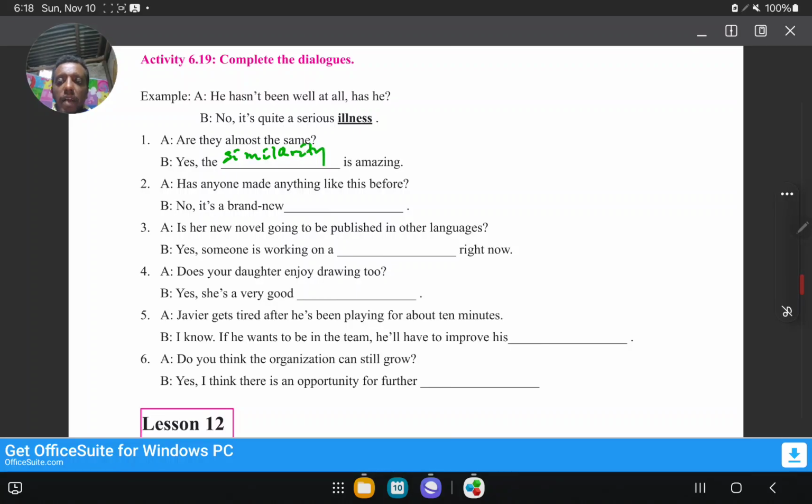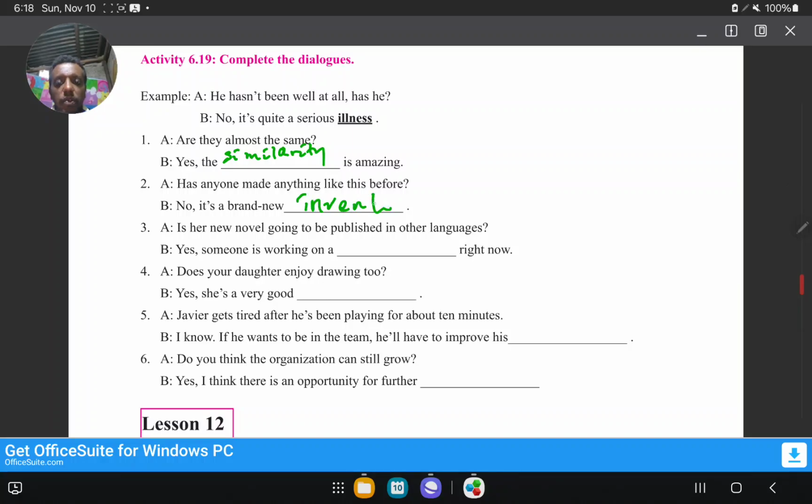Number 2, has anyone made anything like this before? It is about something new. No, it is the brand new. Yeah, ምንድን ነው? ከዚህ በፊት ምንም ነገር እንዳልተሰራ ነው። ተሰርቷል ወይስ አልተሰራም እያለው ነው? No, it is the brand new. So the right answer is, according to the dialogue, invention.